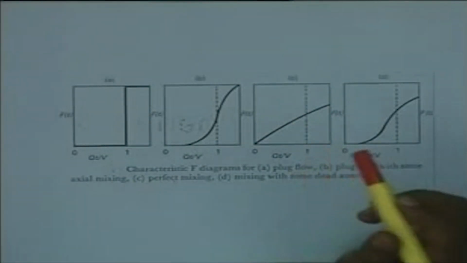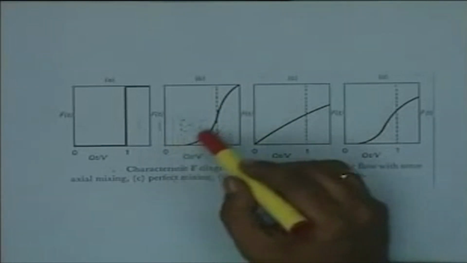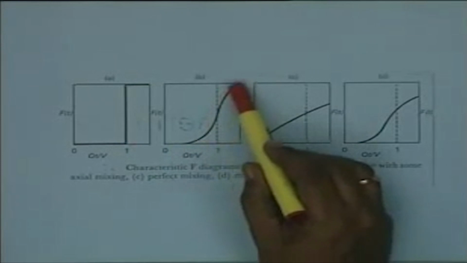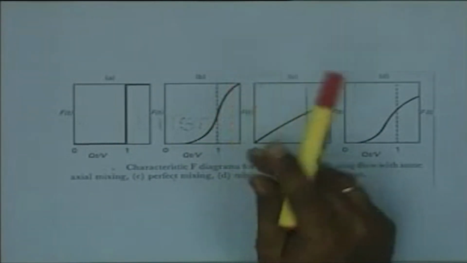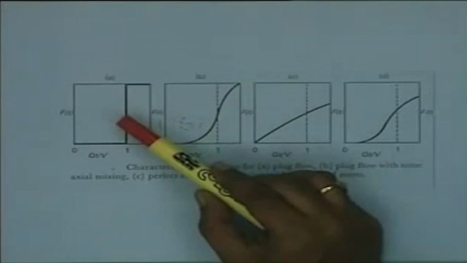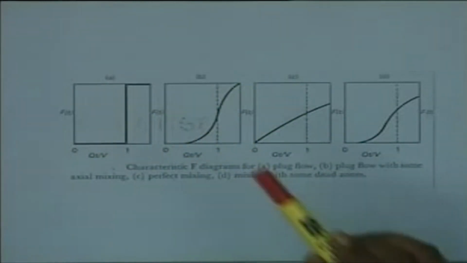In the case of a plug flow with some axial mixing, that means a non-ideal plug flow, the behavior instead of being like this may be something like this. That means the output, instead of being vertical, becomes a curved one, and the deviation of this from the vertical gives the non-ideality.